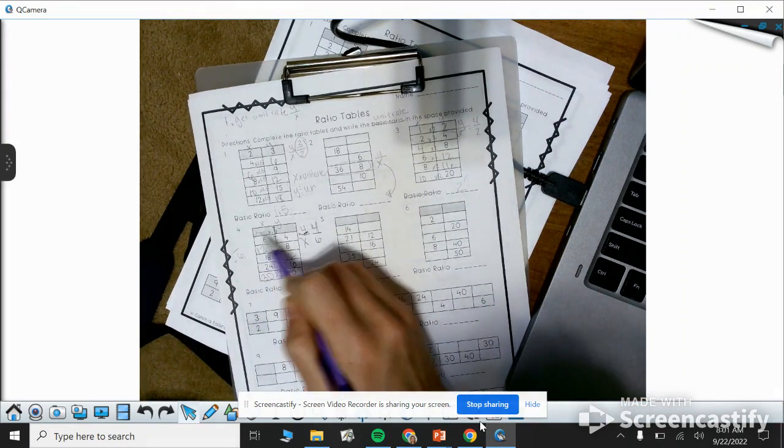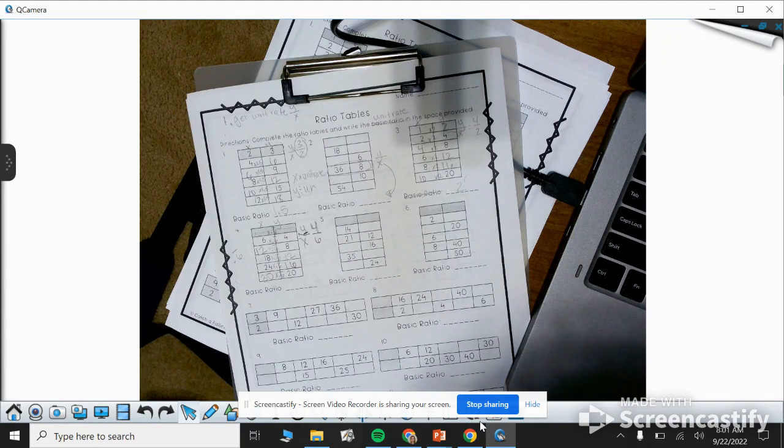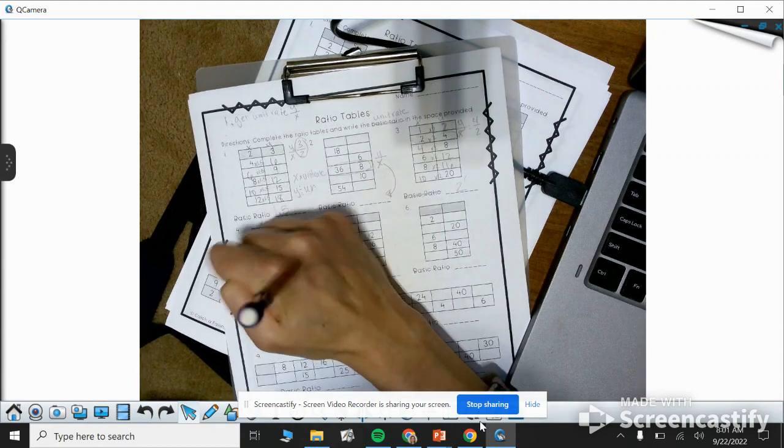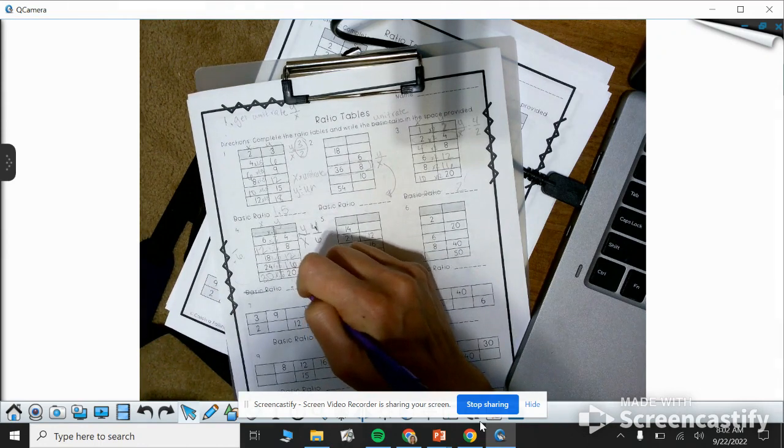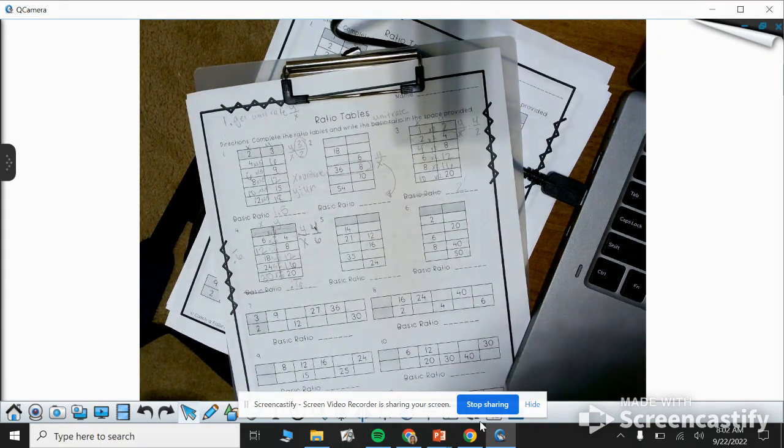We're going to skip that top part for now. My unit rate is 0.6 repeating. Okay?